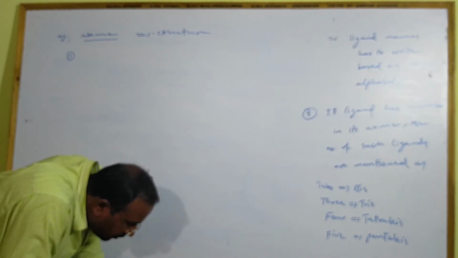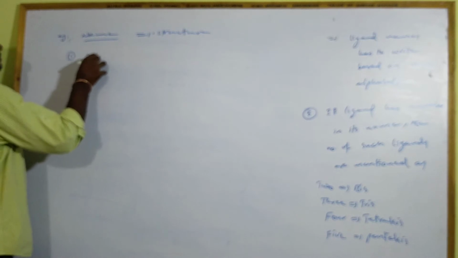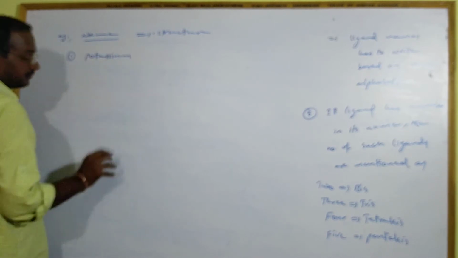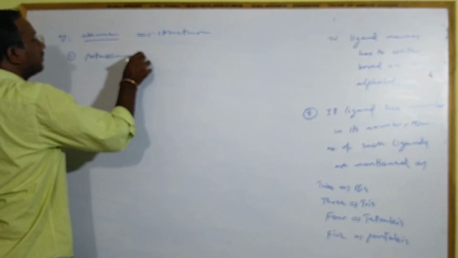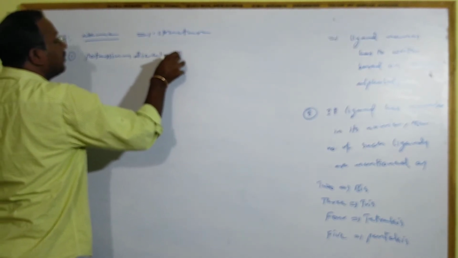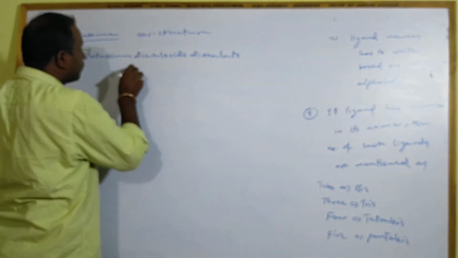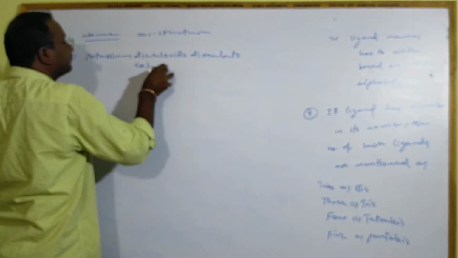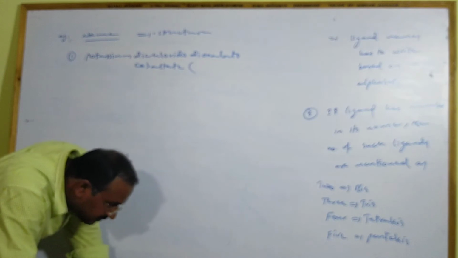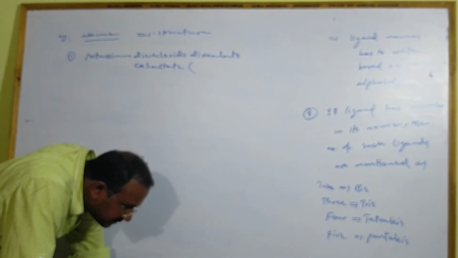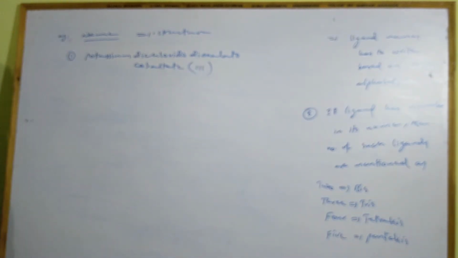Potassium dichlorido dioxalato cobaltate, and the oxidation state is also given, that is 3. This is the name. Let's write the structure.